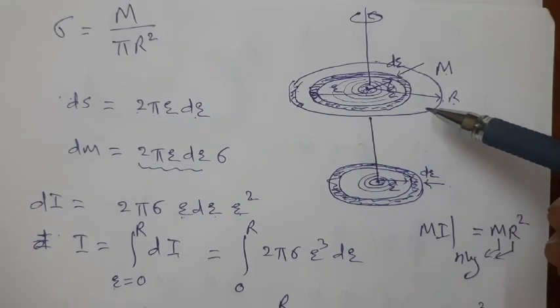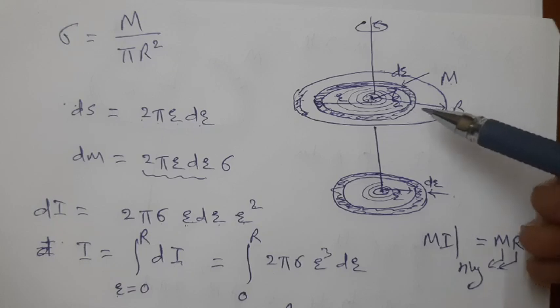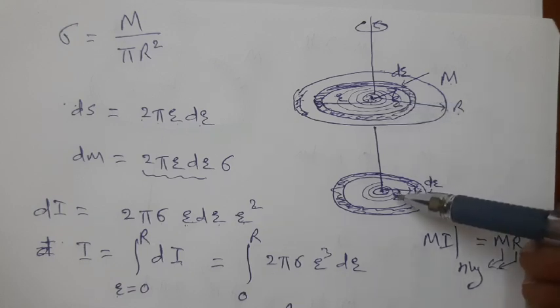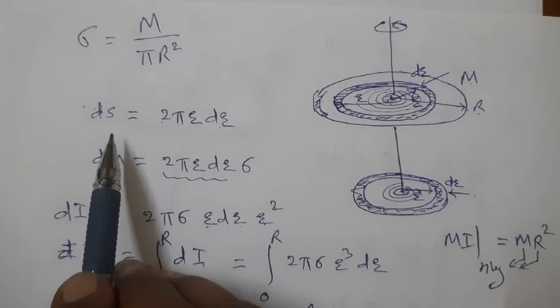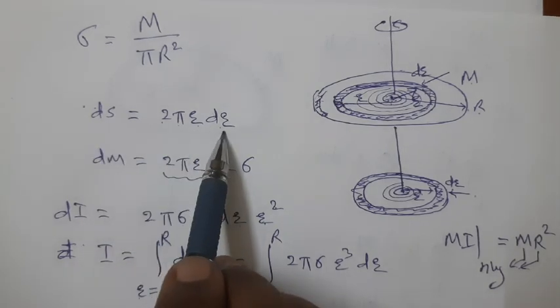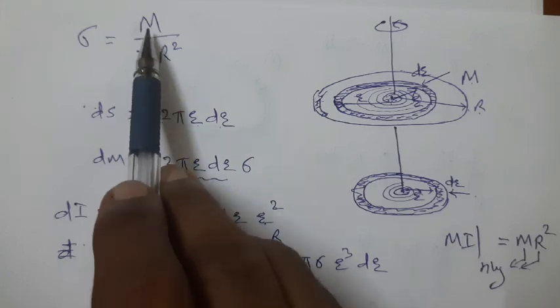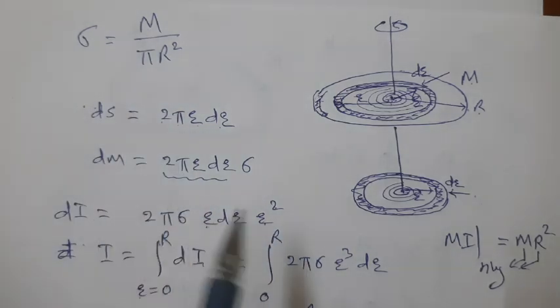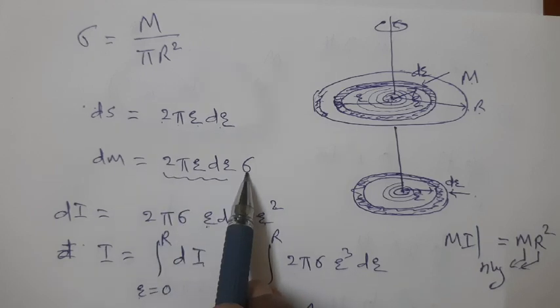Okay, therefore once again in short I can say that to derive the moment of inertia of a disk, I will have to divide the disk into a number of concentric rings. Consider one such ring of radius r and thickness or width dr. The area of such a ring is dS equal to 2 pi r dr. The areal mass density or surface mass density is sigma, therefore the mass of such a ring is equal to 2 pi r dr into sigma.